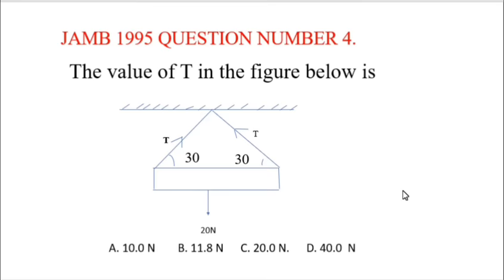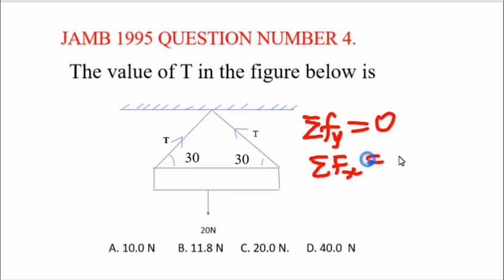A body is said to be in equilibrium when the net force is zero, either the vertical force or the horizontal force. Let's say this is the vertical force, when we talk of the y-axis, either the sum of the vertical forces is zero or the sum of the horizontal forces is zero.